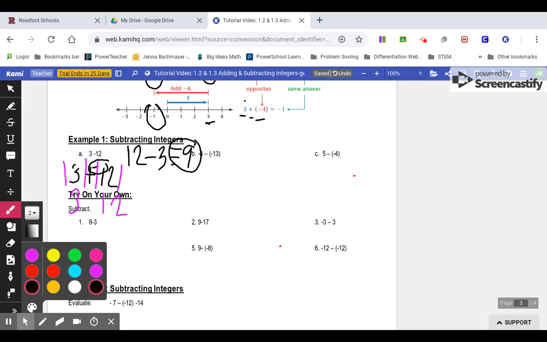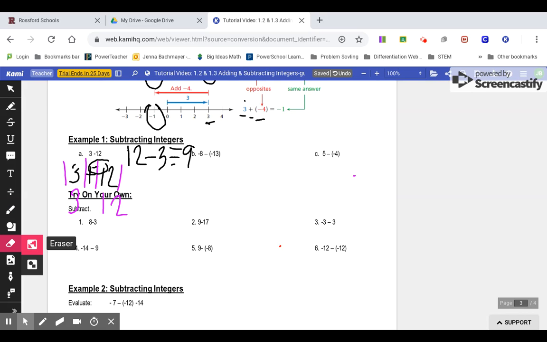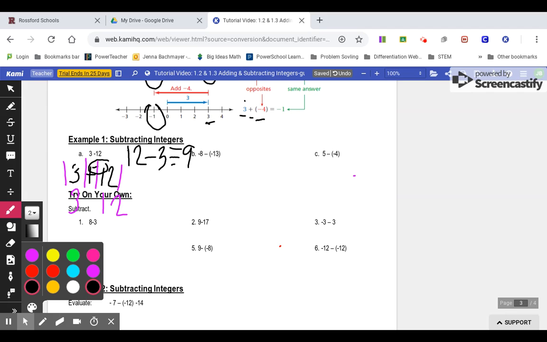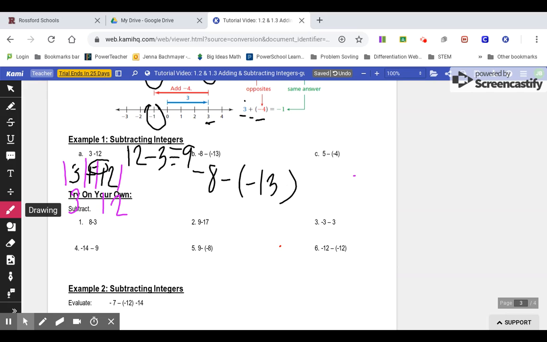All right, so let's go ahead and try it again. Let me reset so I can see that better. Now we have a -8 minus a -13. I'm going to do my keep, change, change. I'm going to keep that -8, change that subtraction sign to addition, and make this -13 a +13.